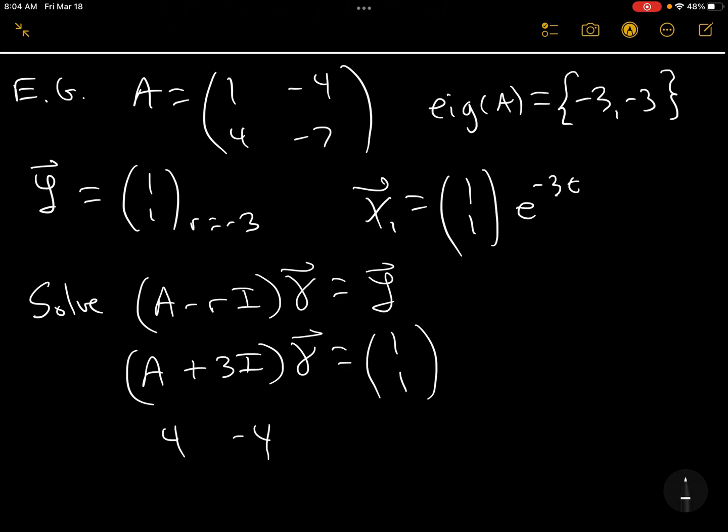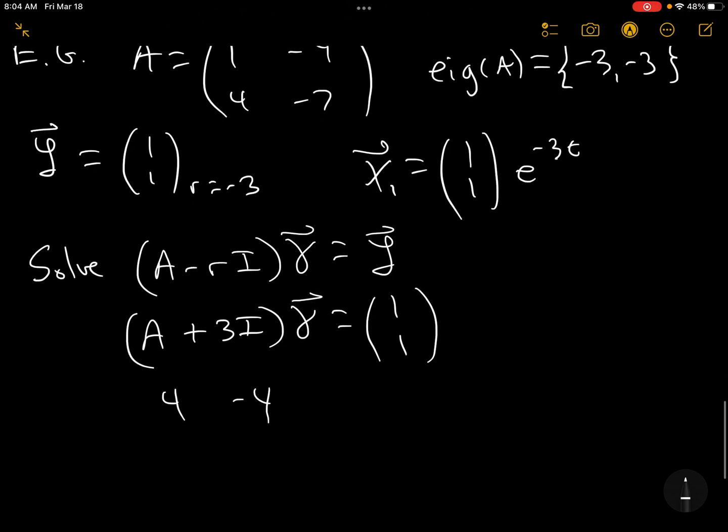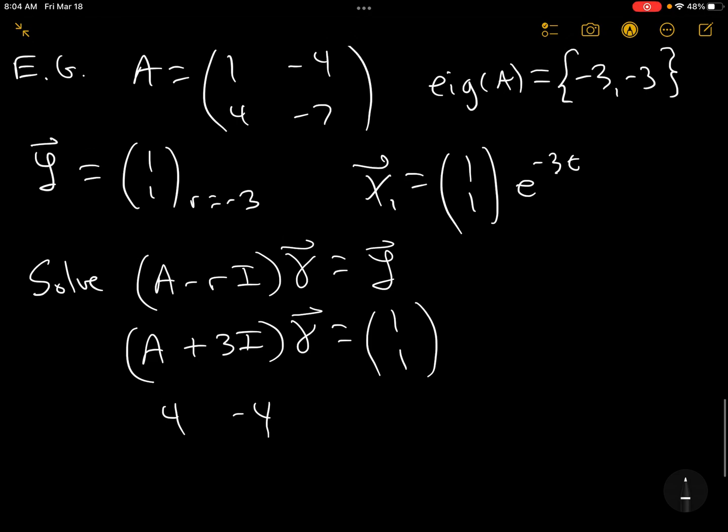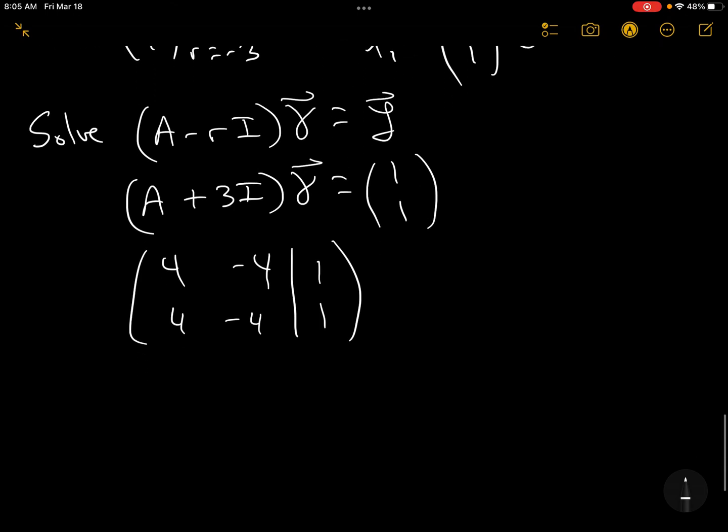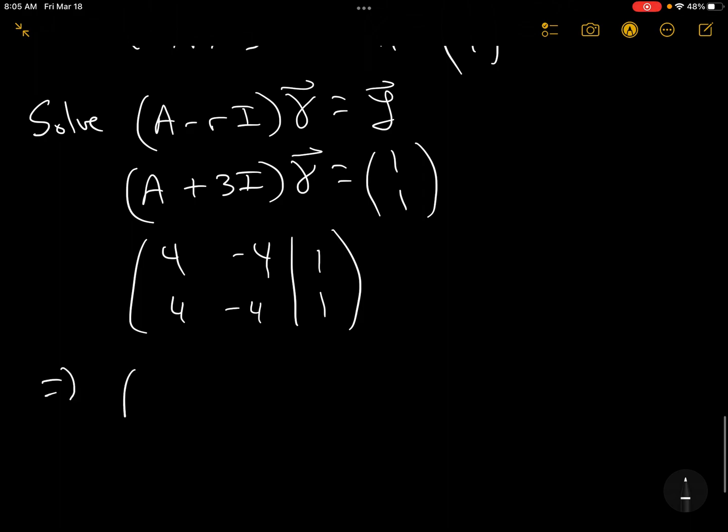It's 4, minus 4, 4, minus 4, with 1, 1, which reduces to 1, minus 1, 1/4, 0, 0, 0.